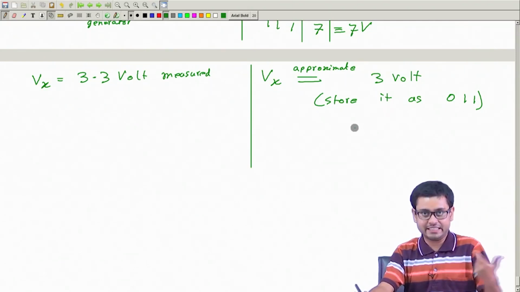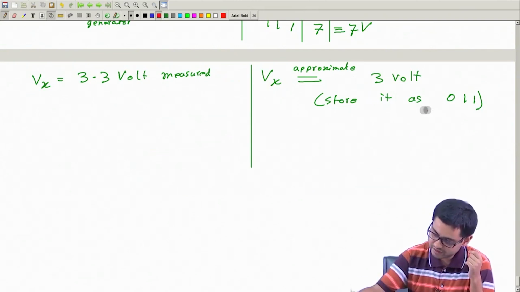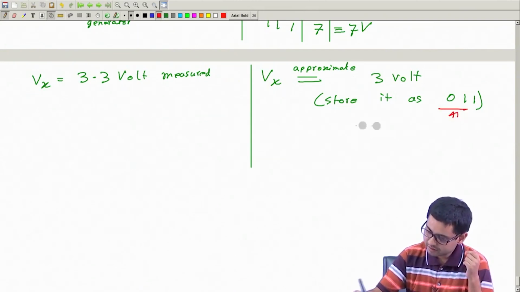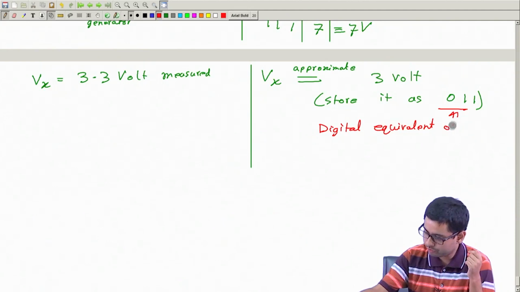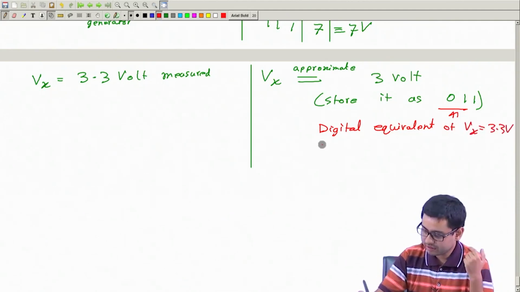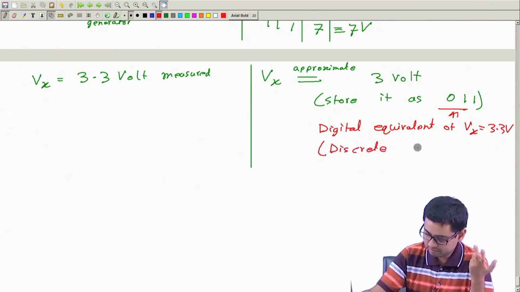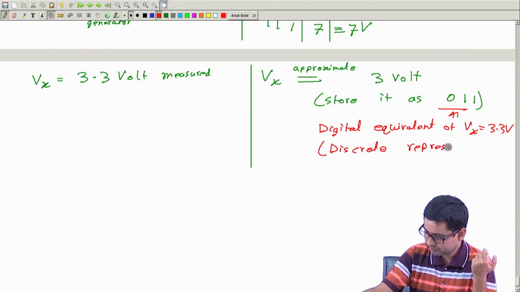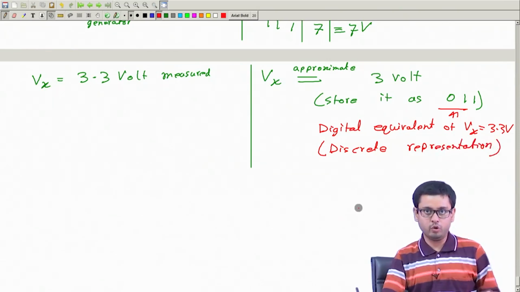It's a discrete representation of this Vx. So this is the digital equivalent of Vx equal to 3.3 volt. This is what you probably know already.